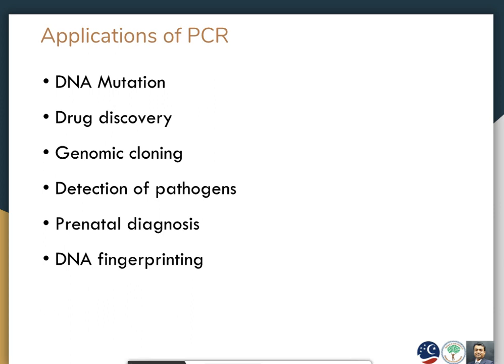If you are working in the drug discovery field, then you can analyze whether a certain drug treatment is affecting your DNA, whether it is affecting your mRNA. So by the application of PCR, you can analyze how these drugs are affecting the DNA or mRNA pool of the patient. It can enable gene cloning. So here also PCR has its application. You can use this technique to clone a particular gene of interest into a specific vector.